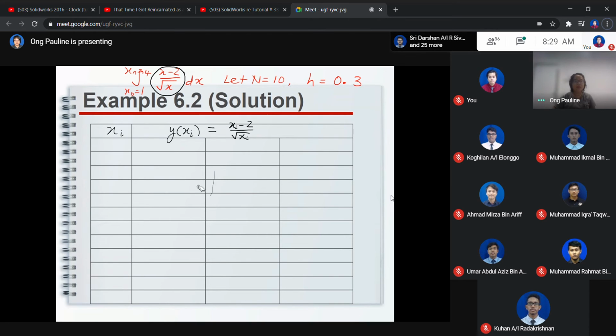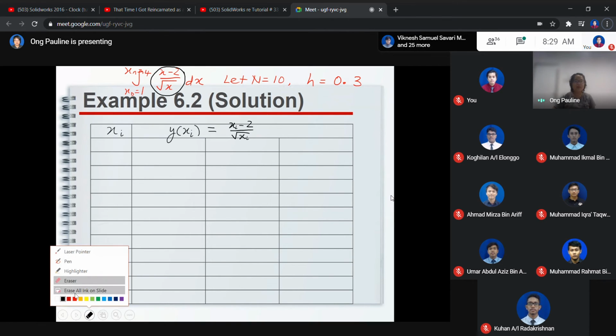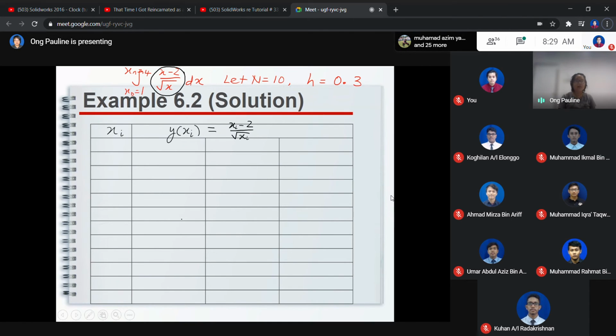You need to integrate from 1 to 4, so you will start with 1. If you want to integrate from 2 to 4, you start with 2. So we always start with the lower limit and end with the upper limit, here 4.